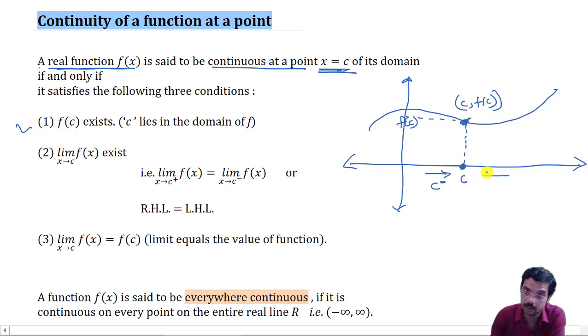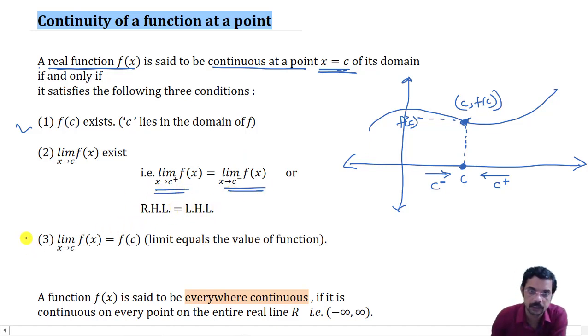And when x approaches from the right side, that is the positive side, then also the limit of the function should exist. Both of them should be equal. This is the left limit and this is the right limit.